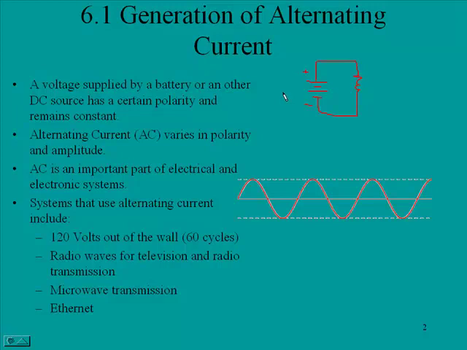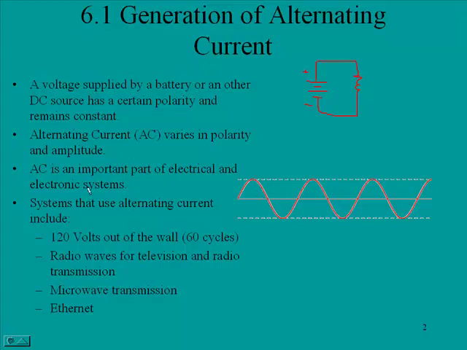It did not change. Alternating current, AC, varies in polarity and amplitude. Here we see an AC sine wave, and you see that it is constantly changing, going positive and then negative, and it is alternating.